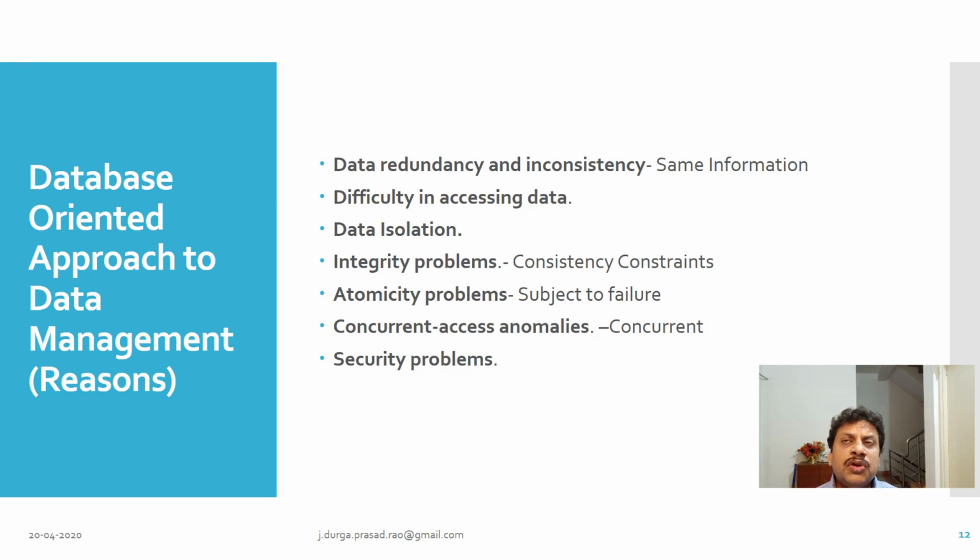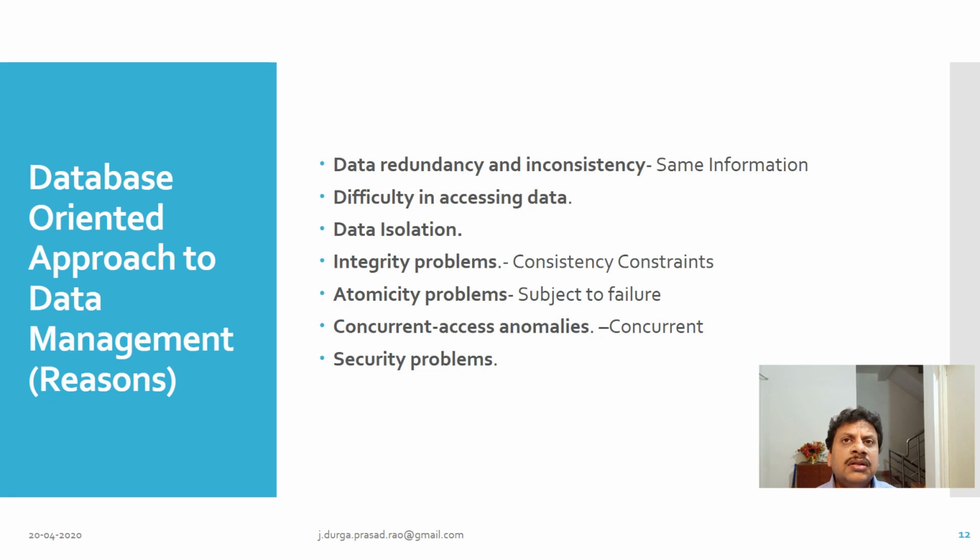Since different programs create the files and application programs over a long period, the various files are likely to have different formats, and the programs may be written in several programming languages. Moreover, the same information may be duplicated in several places.